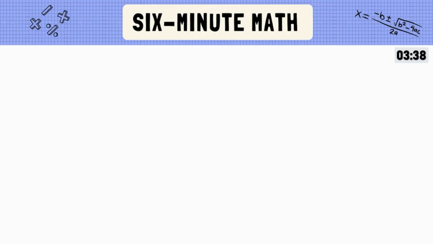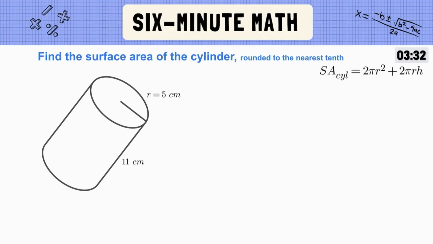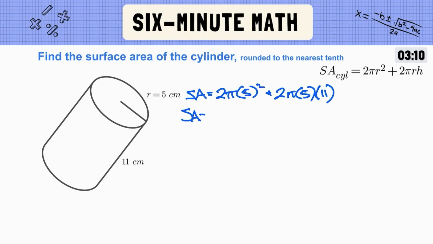So let's do some examples together here. We're going to find the surface area of the following cylinder, and I'm going to use my formula. My radius is 5, so I can write that my surface area is equal to 2 times pi times 5 squared plus 2 times pi times 5 times my height of 11. I plug those into calculators.